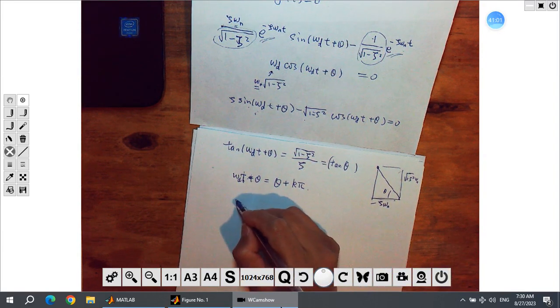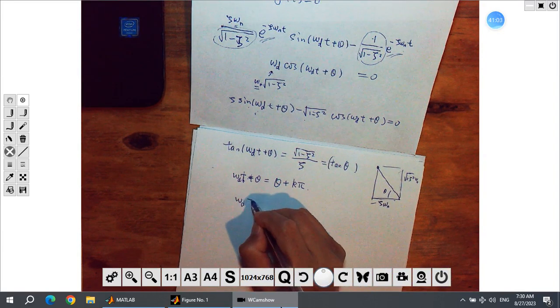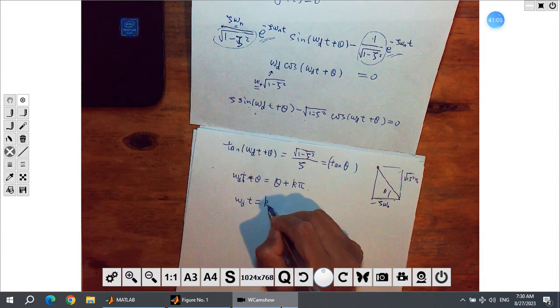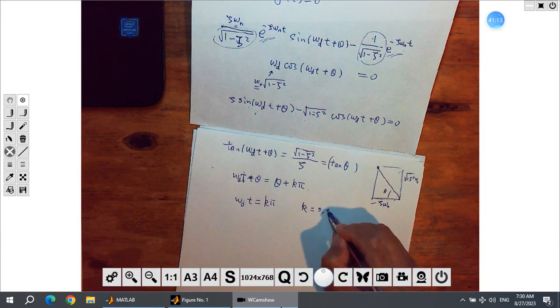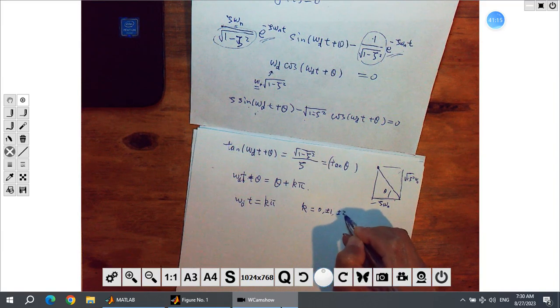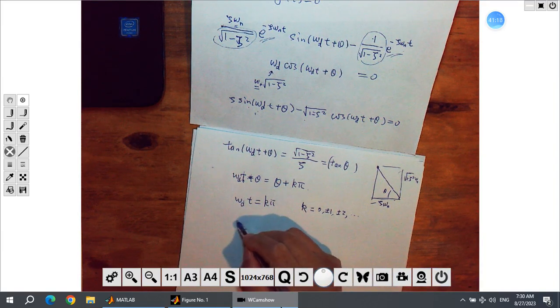Okay, so omega d t equals just k pi, where k is on the integers: 0, positive and negative 1, positive and negative 2. Out of these, we have t equals pi over omega d times k.